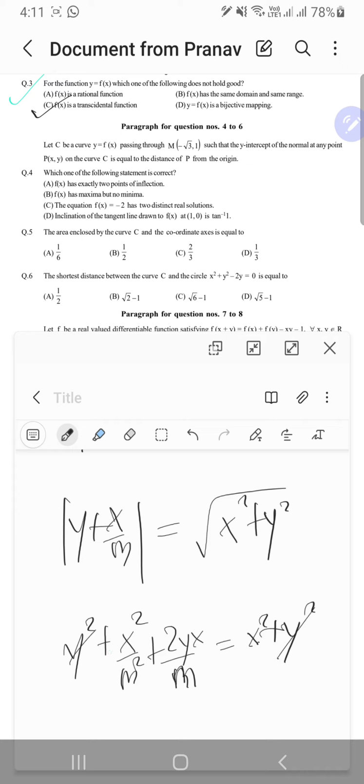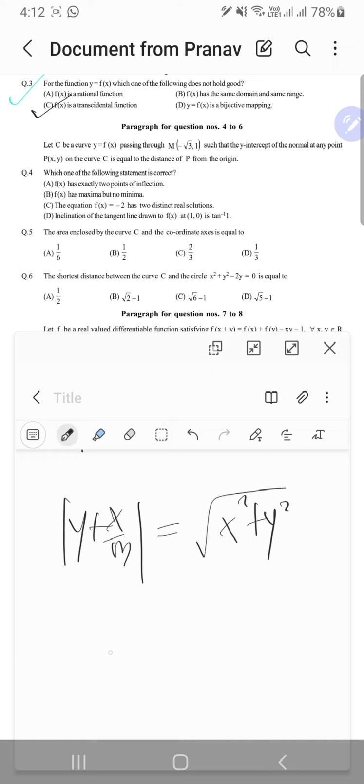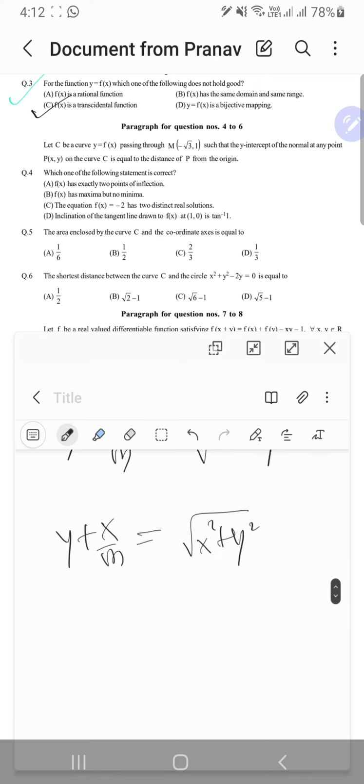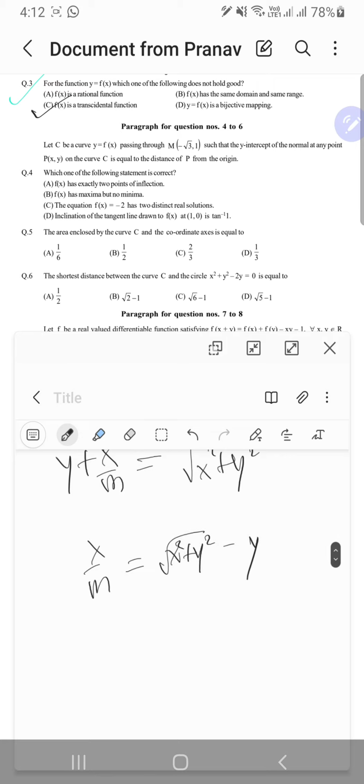Let's not square this. And say that instead we will just say that y plus x upon m. So let's just say that it's positive. Just talk about the positive solution. So it's going to be plus square root of x squared plus y squared, like that. So x upon m equal to square root of x squared plus y squared minus y.